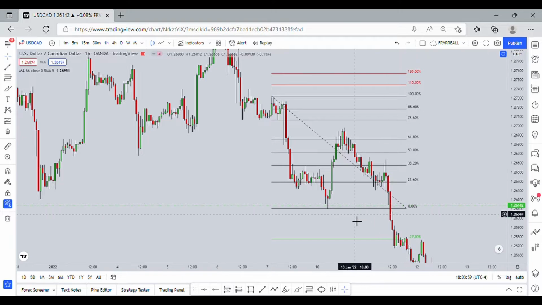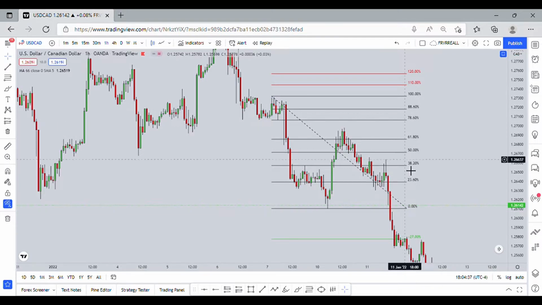If price only retraces to this level, price has only retraced 23% of the impulsive move. If it retraces to 38.2, price has retraced 38.2% of the entire move. If price retraces to the 50%, it has retraced half of the move. If it retraces to the 61.8%, price has retraced up to 61.8% of the impulsive move.